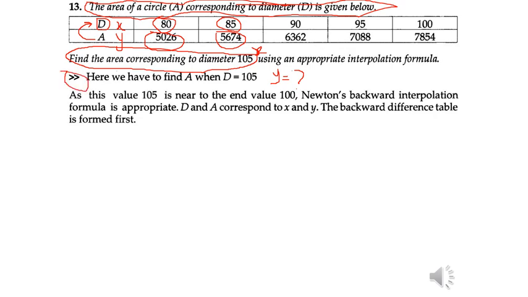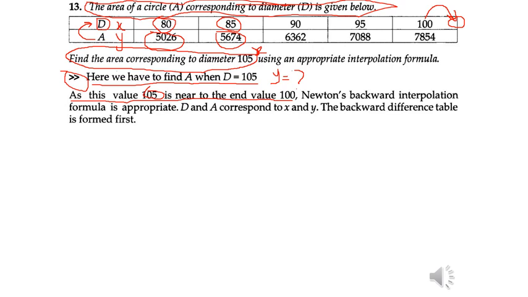Here we have to find the area when diameter is 105. As this value 105 is near to the end, 100. So where is the 100? 100 is here. And where is 105? 105 is somewhere here. That is out of this range.